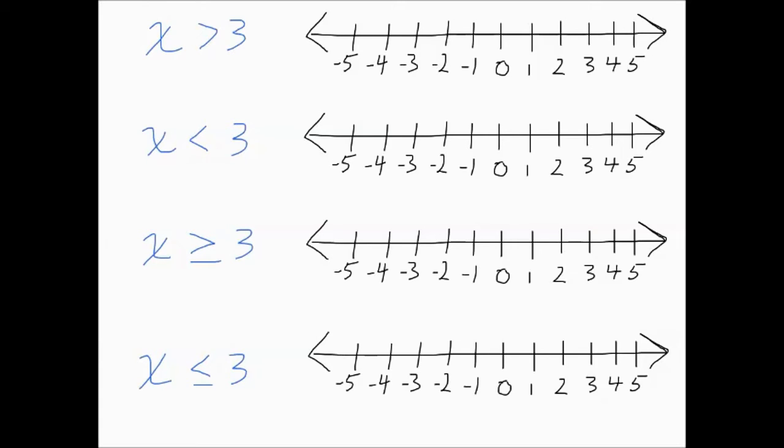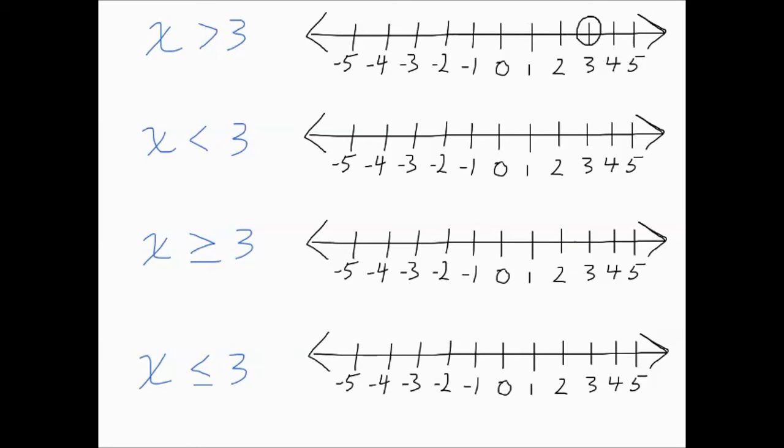How would we graph that? Well, what we would do is draw a circle over 3. Now, that open circle means that x is not equal to 3. Later, you're going to see we're going to close the circle if it might be equal to 3.